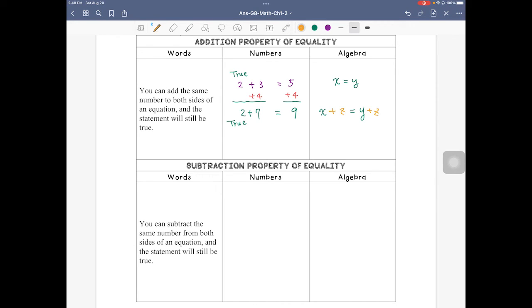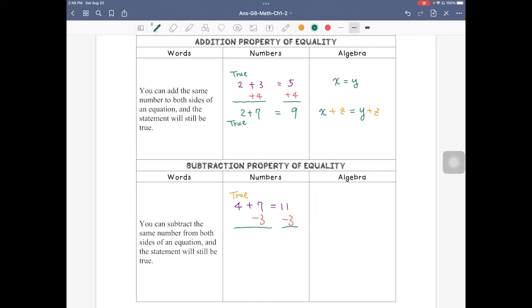What is the subtraction property of equality? We can subtract the same number from both sides of an equation and the statement will still be true. Now I have 4 plus 7 equals 11, a true statement. I subtract 3 from one side and 3 from the other side.